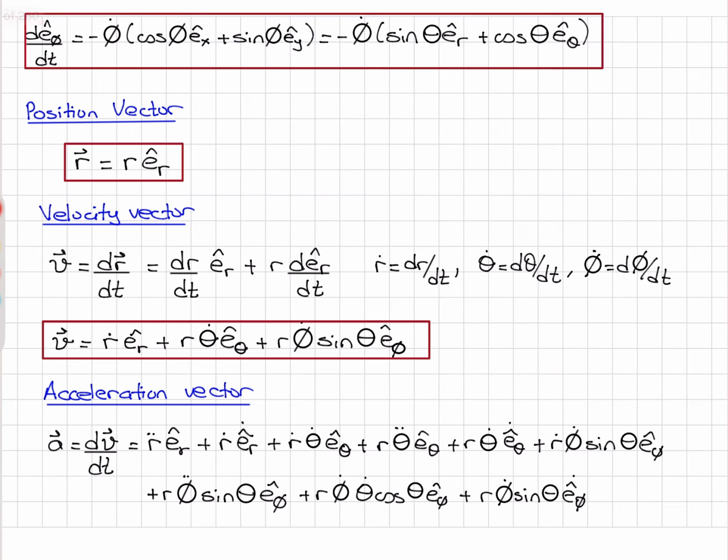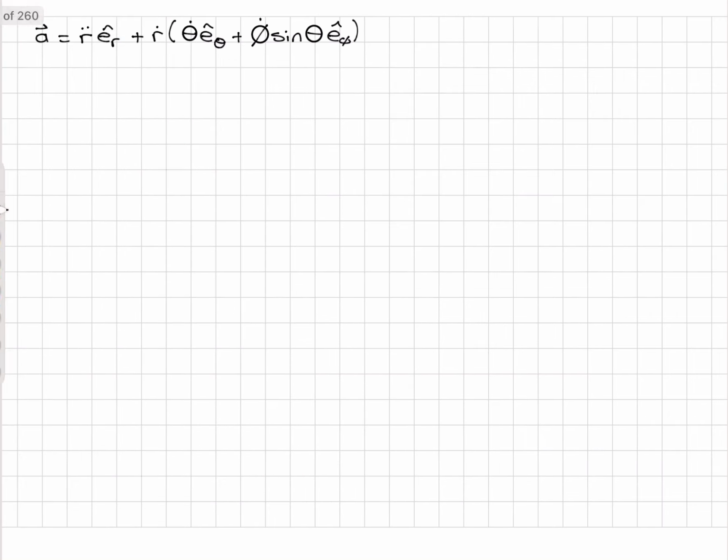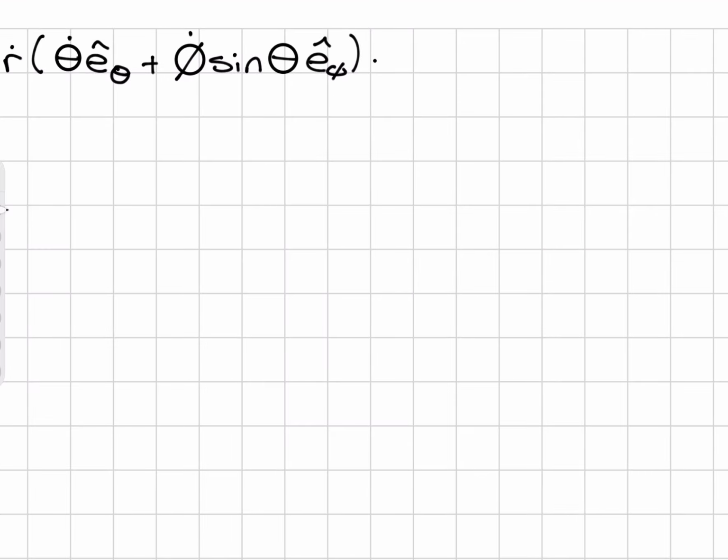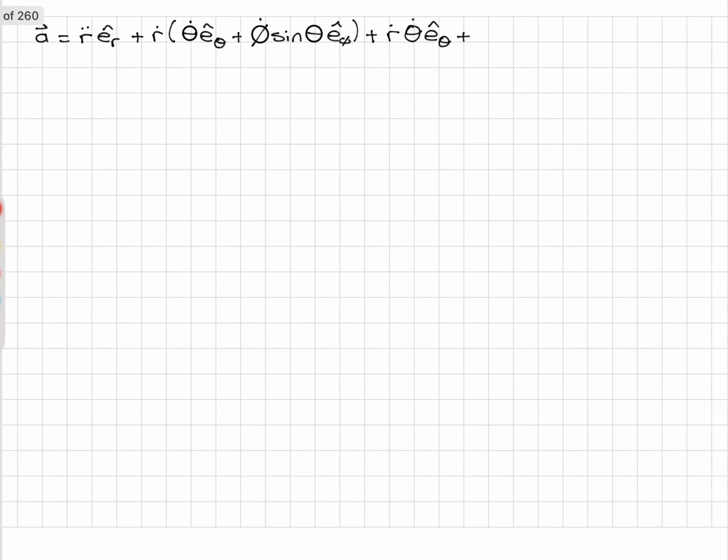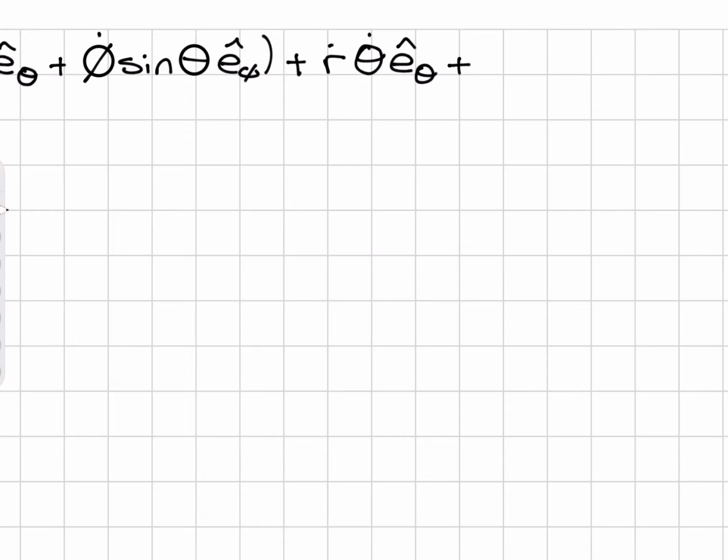Then I have another one that includes r dot theta dot. This is now r dot theta dot e theta hat, this term, plus r dot theta dot e theta hat. Then I have r theta double dot e theta hat, this term, r theta double dot e theta hat.